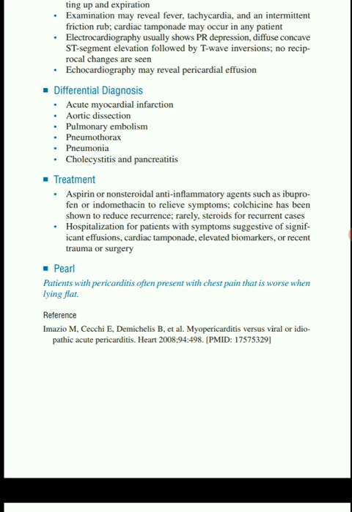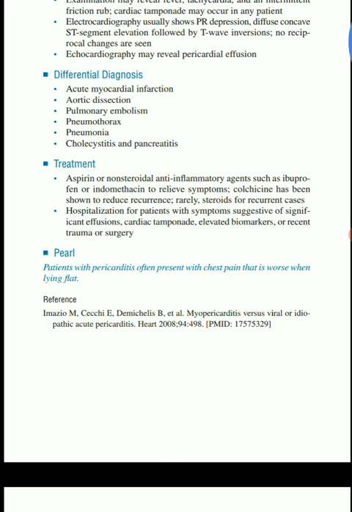So at times you can use steroids like prednisolone or hydrocortisone for the recurrent cases. Then hospitalization for patients with symptoms suggestive of significant effusion, cardiac tamponade, elevated biomarkers, or recent trauma or surgery. So you normally hospitalize them for monitoring.